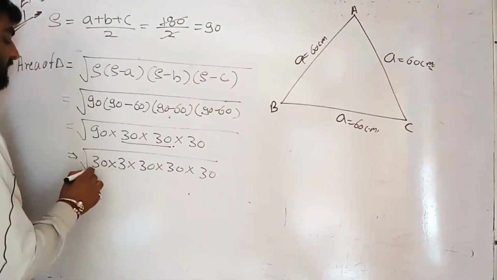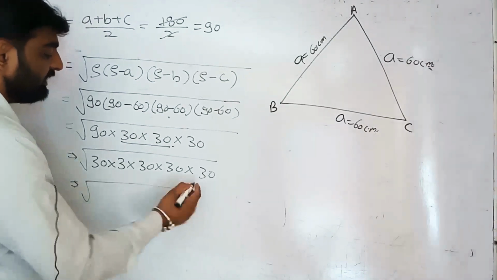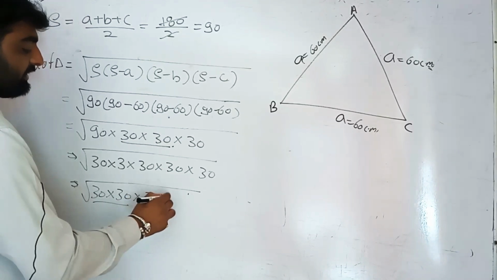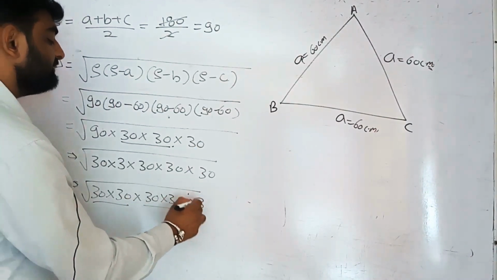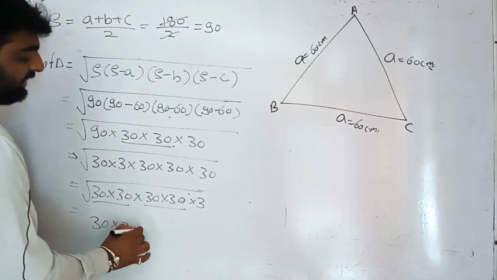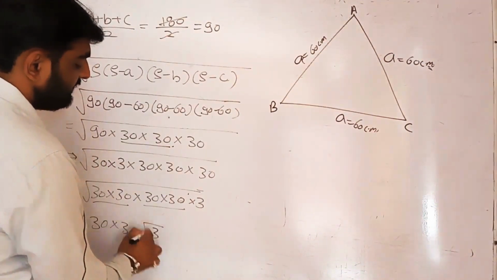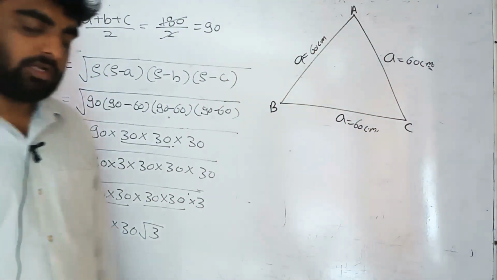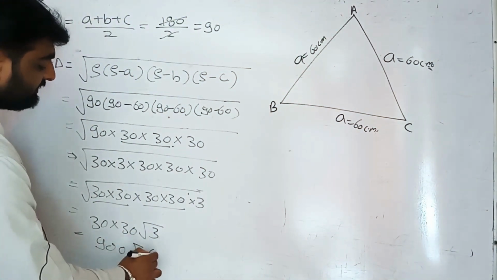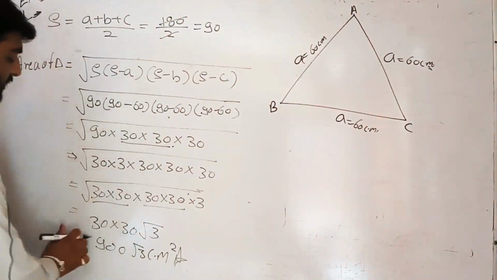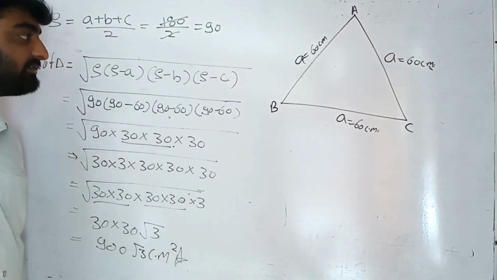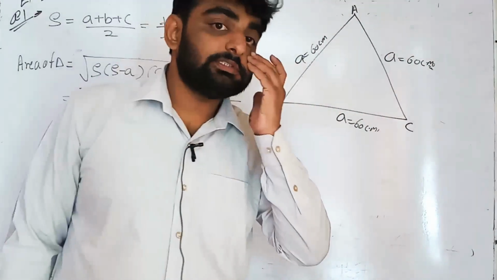We have two pairs of 30, and 3 remains single. So the area of the triangle is 30 into 30 into root 3, that is 900 root 3 centimeter square, the area of triangle ABC.